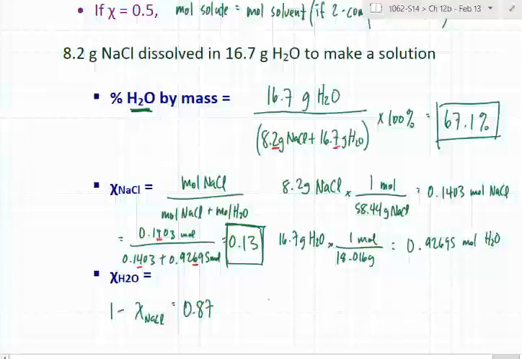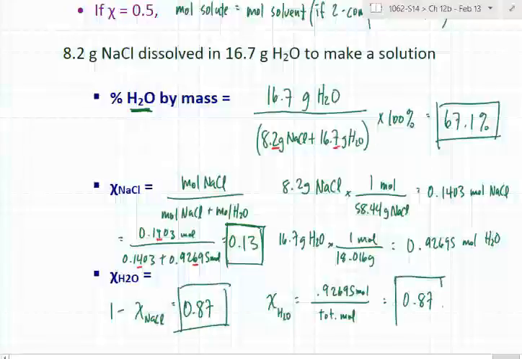You could also, you should get the same answer if you took 0.92695 over the total moles. Should still get 0.87. If you're anywhere unsure of your number crunching, you can do it both ways to make sure you get the same answer.